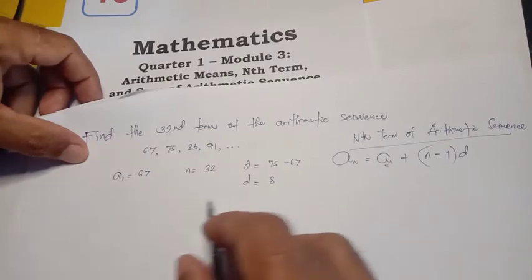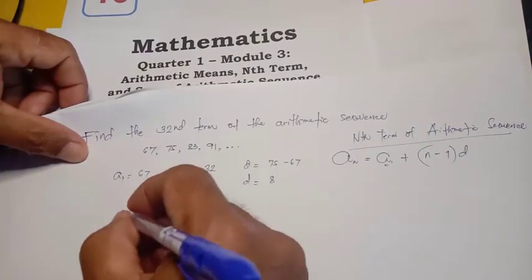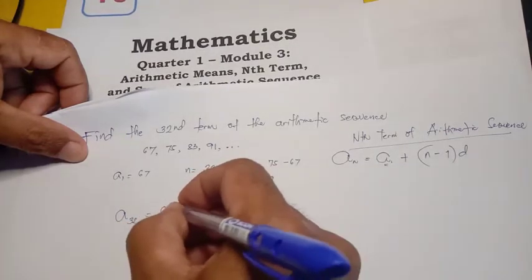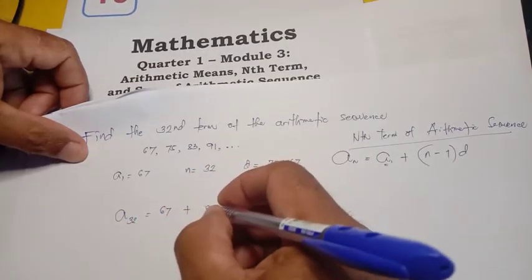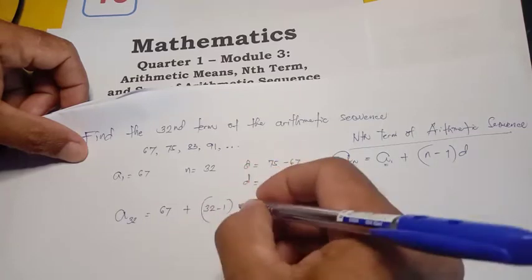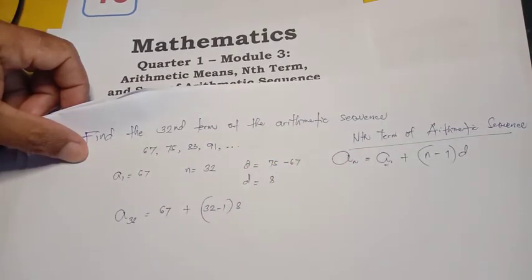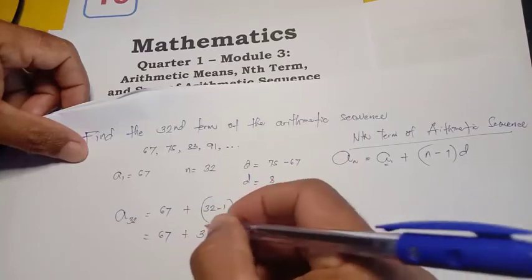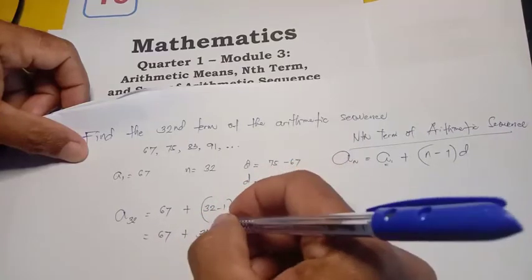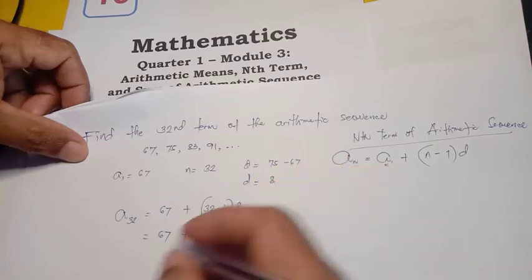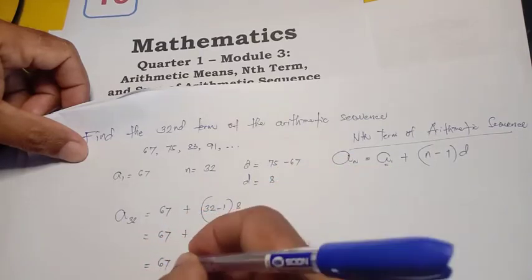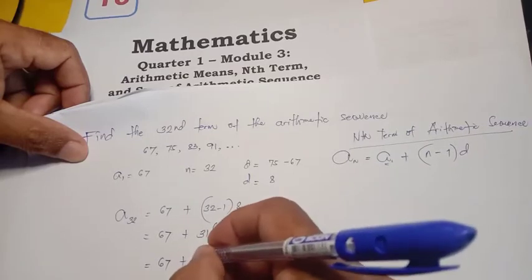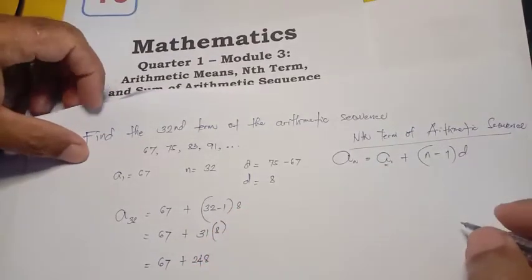So, substituting the given information, a sub 32 is equals to 67 plus 32 minus 1 times the common difference 8, equals 67 plus 31 times 8, equals 67 plus 248.